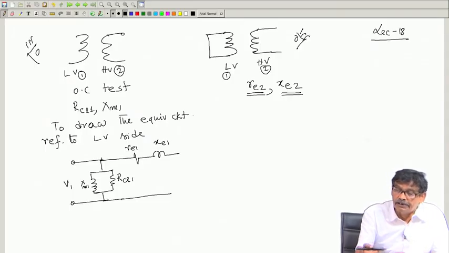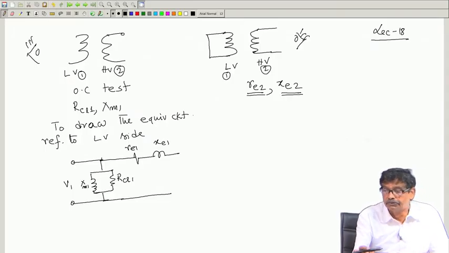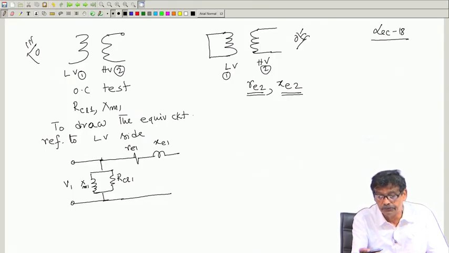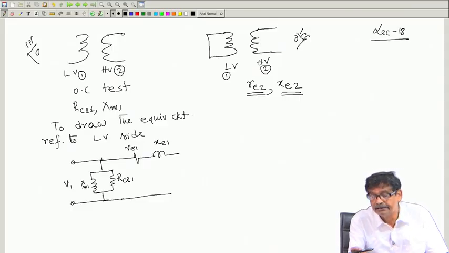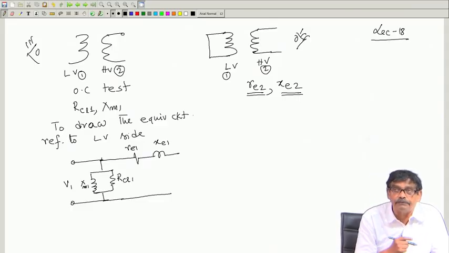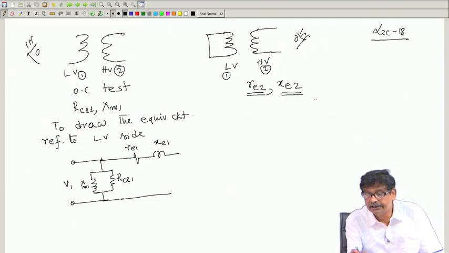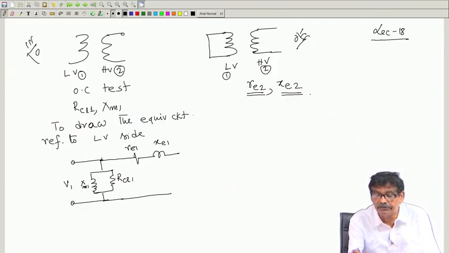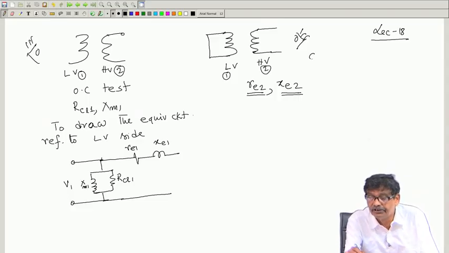Now you have a duty to change RE2 to RE1 and XE2 to XE1, and that can be easily done since RE2 and XE2 are known. The turns ratio from the rating of the transformer I know is N1 by N2.